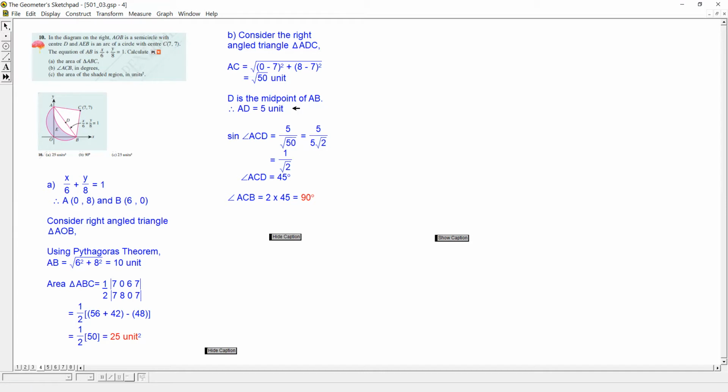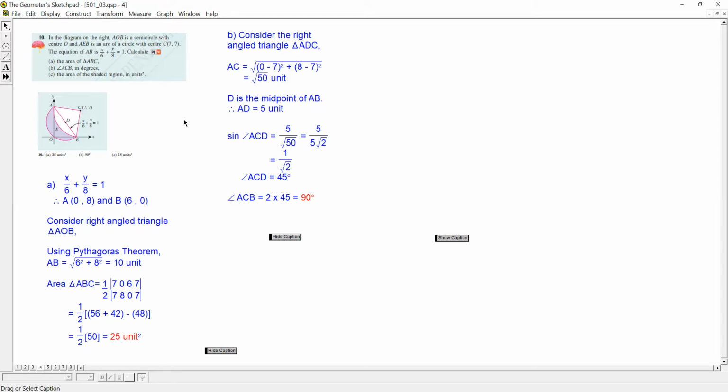So now AC is square root of 50. Or I use the distance between 2 points formula. A is 0, 8, C is 7, 7. So 0 minus 7 squared, 8 minus 7 squared, and that will be this line AC, the radius of the sector.